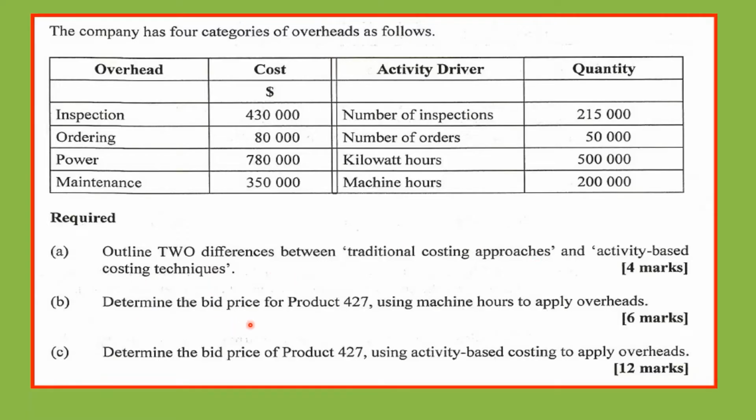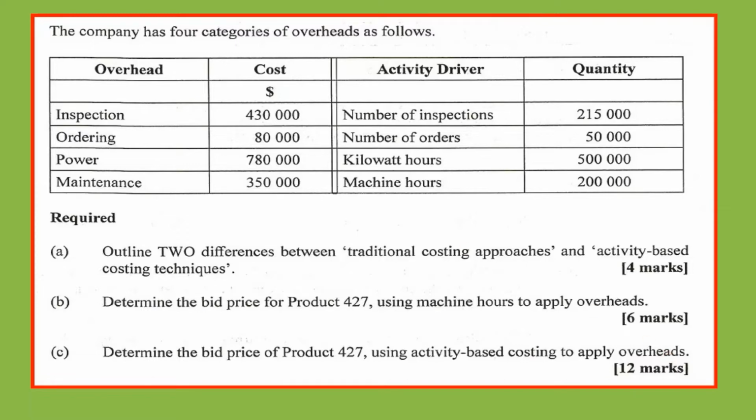And B, determine the bid price of product 427 using machine hours to apply overheads. So they want us to use job costing to get the bid price for the project, and then we have to determine the bid price of the product using activity-based costing to apply overheads.